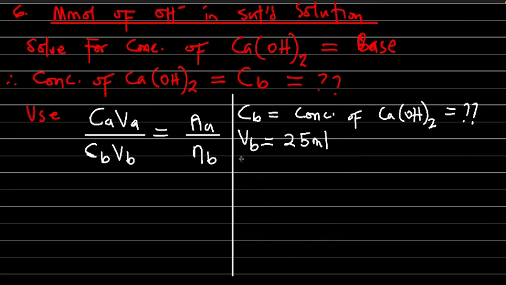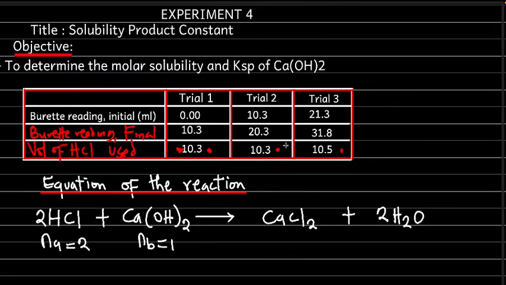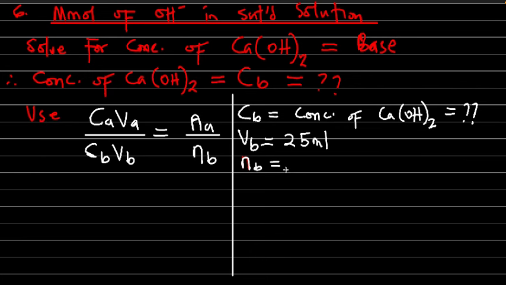Now, number of moles of base, our Nb, from this equation of reaction, Nb here is equal to 1, because if you notice, this is an acid, this is a base. This is a neutralization reaction. So if we check the mole ratio, the number of moles of the acid is 2, that of the base is 1. So our Nb is equal to 1. Now, we are done with that of the base.